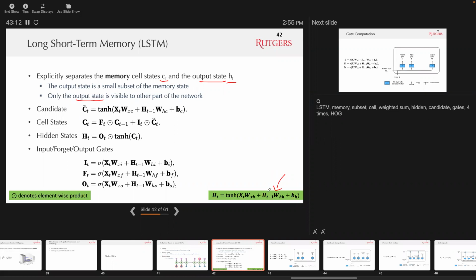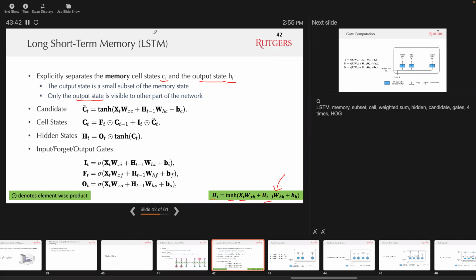You take the current input, you take the past history, compute the weighted sum, and go through some nonlinear activation, and this is your H. It's very simple. But in LSTM, things are much more complicated, because now we have two states: the cell state and the output state.